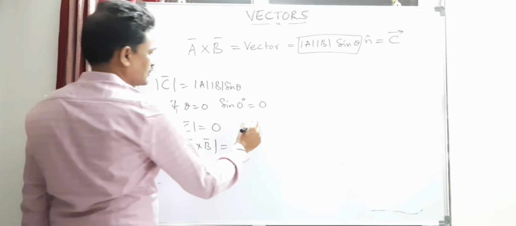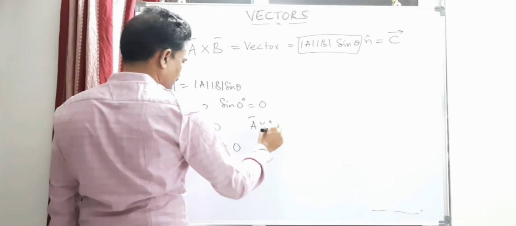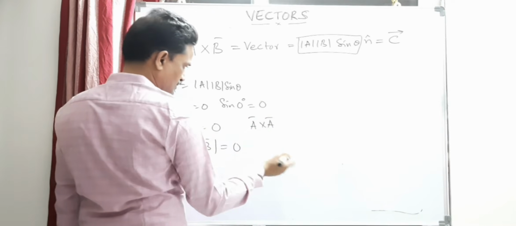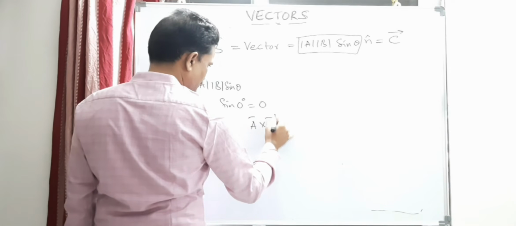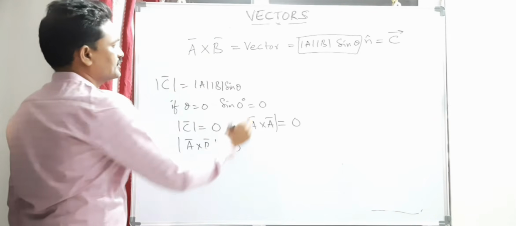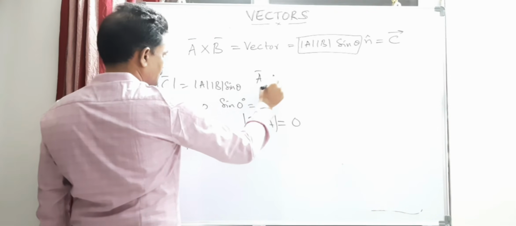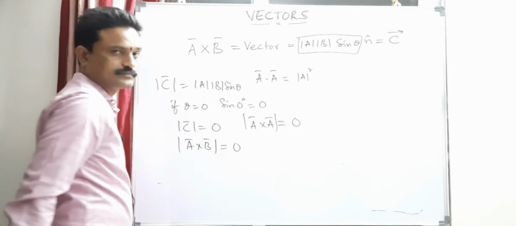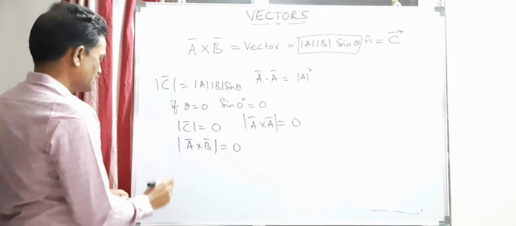That is the reason why A cross A, the vector cross product with the same vector, has magnitude 0. This is very, very important. In the case of A dot A, it is not 0, it was mod A square. Is it clear?